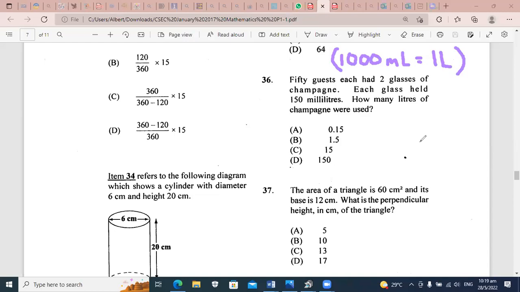I get A. All right. Answer is A. Okay. Anybody else? 15, sir. C. C is actually correct.